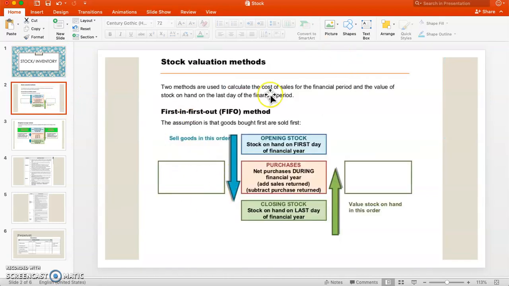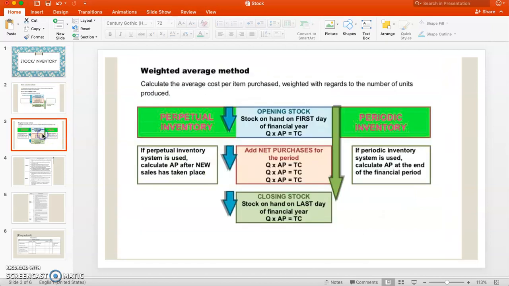I know you already have the slide that very nicely explains the first in, first out method. I know you have already briefly discussed the weighted average method, and you know that this is different for the perpetual inventory system as it is for the periodic inventory.